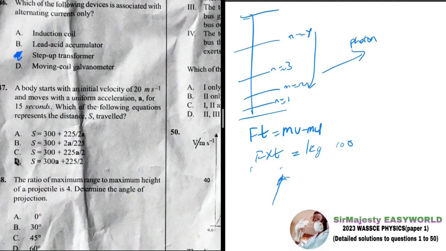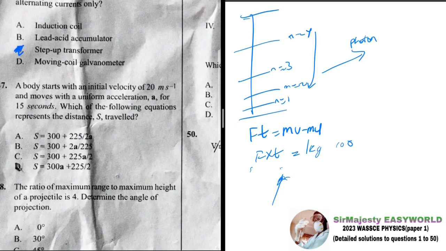So the next question we're going to look at is, a body starts with an initial velocity of 20 meters per second and moves with a uniform acceleration a for 15 seconds. Which of the equations represents the distance s traveled?